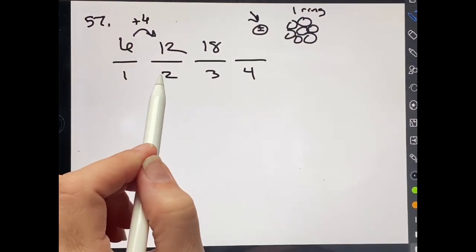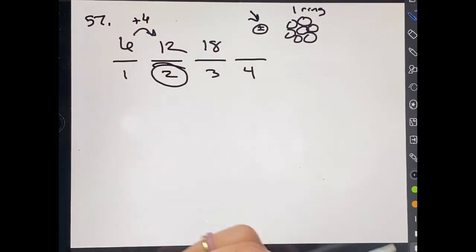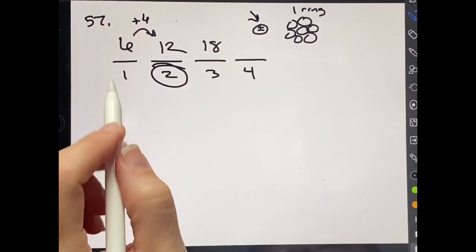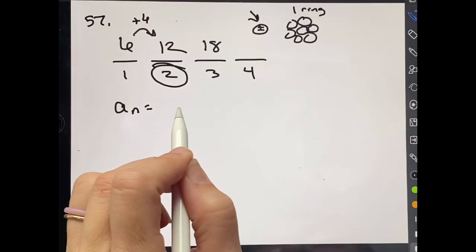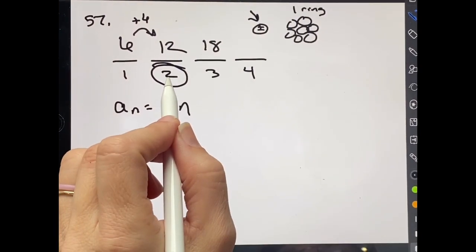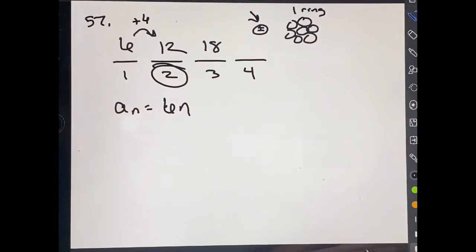We are also simply multiplying our n value by 6. That is what it's working out like. So for this one, we were able to deduce and say that our a sub n is equal to 6 times n. All I have to do is take my term value and multiply it times 6.